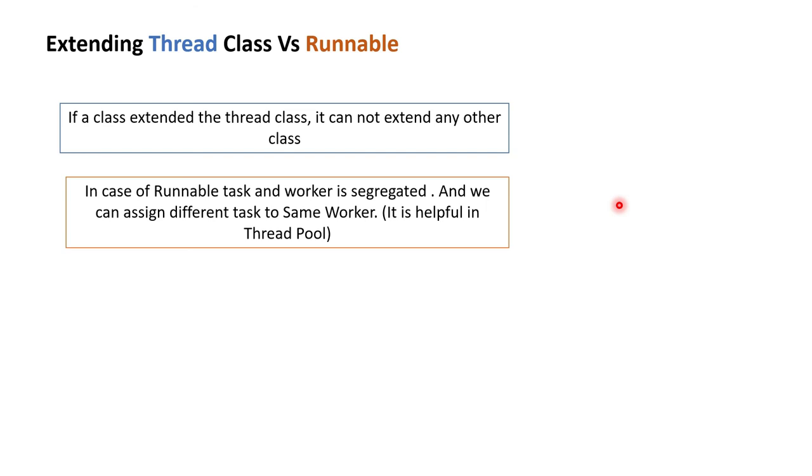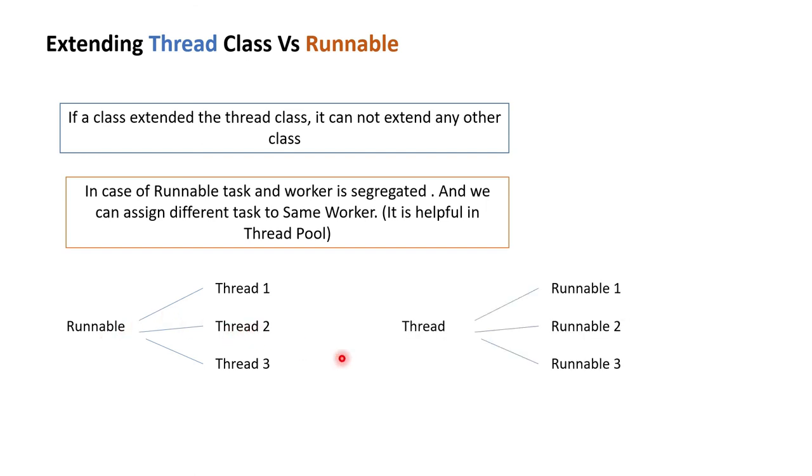So if your task and the worker are segregated, then it is much more flexible. You can define one task and that task can be used by n number of threads, or one single thread can execute n number of tasks. So this flexibility is there.